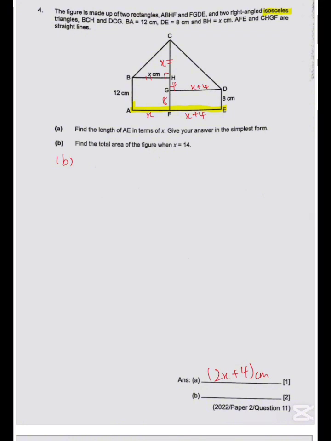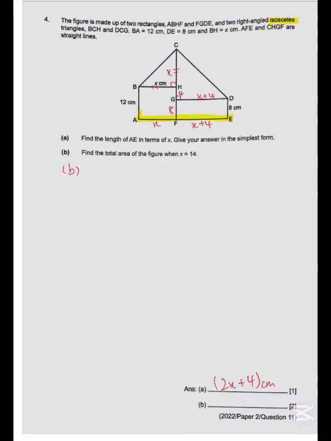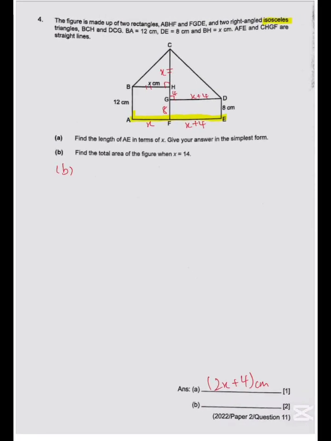Okay, so firstly, for area of rectangle ABHF, we have the length and we have the breadth, right? So it's just 12 times x.